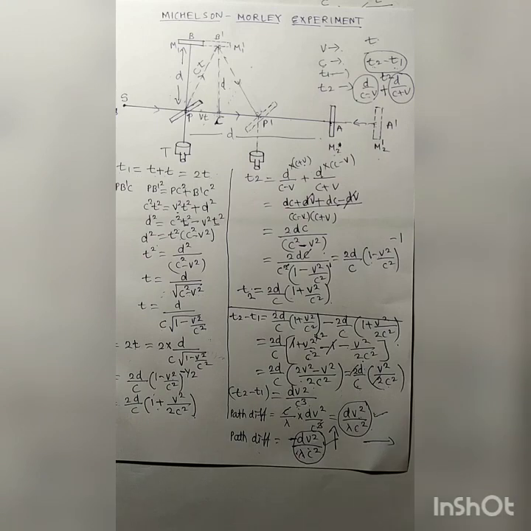That's why it concludes that the velocity of light is constant in all the media and in all situations. So this is the Michelson Morley experiment, which is very important for the 10 marks.